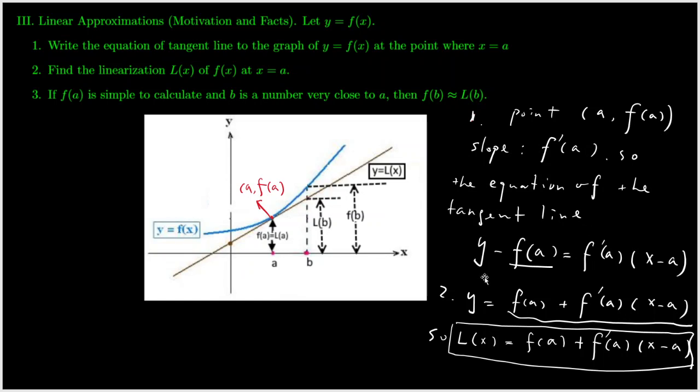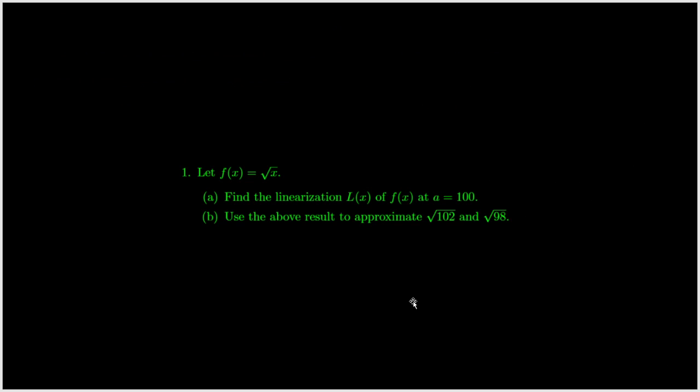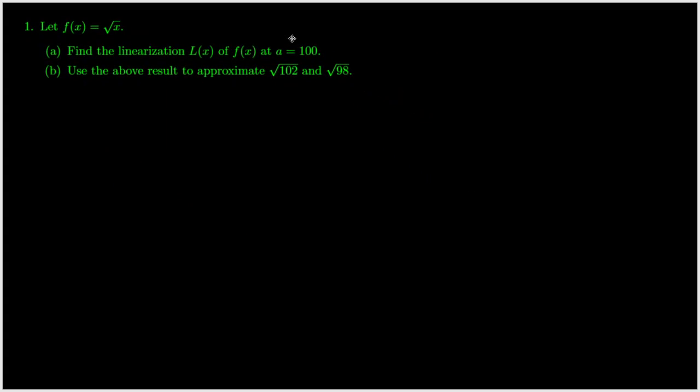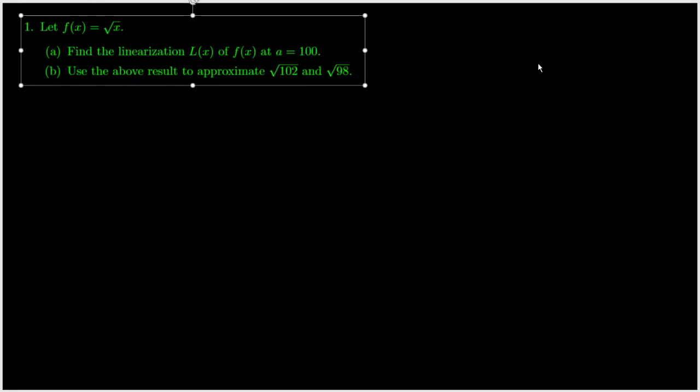It's nothing but the equation of the tangent line. Okay. The thing I want you to memorize is the formula in the box. Is the formula for the linearization of the function. Okay. Of course, you need to do some questions to really know what's going on. Okay.